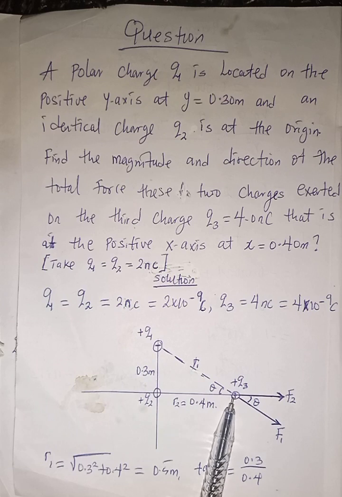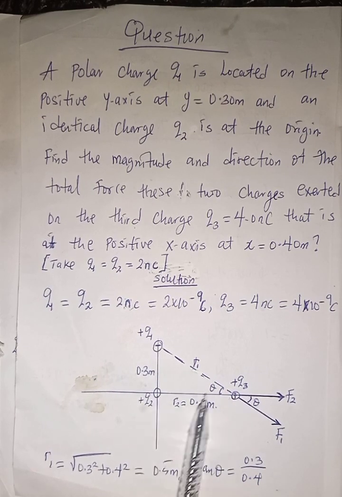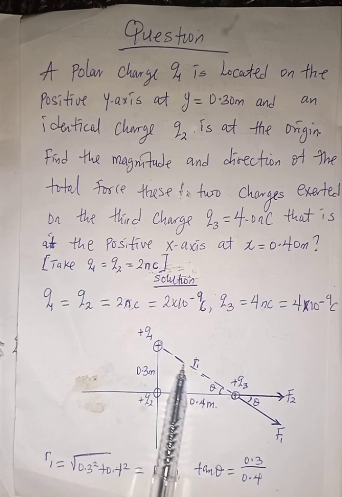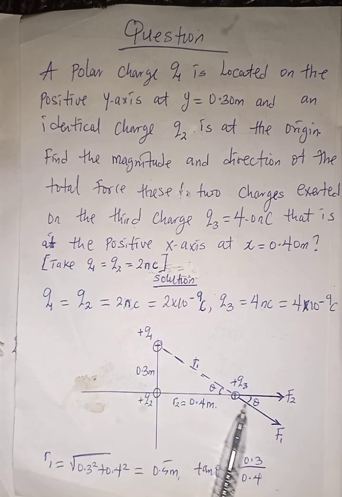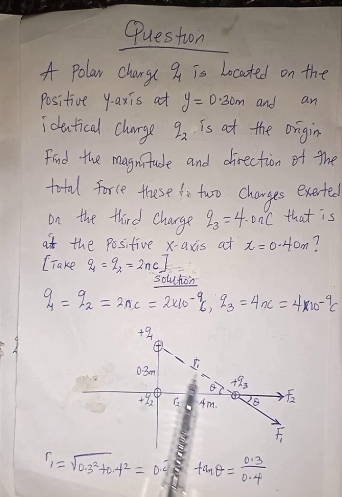So next, what is the line of action? Because we're looking at the force on Q3, we're going to look at the force between Q3 and Q1, and Q3 and Q2. What is the line of action of this force? Look at the line of action here. That's why I'm drawing these lines here. What is the distance between this and this? We know that from here to here is 0.3, from here to here is 0.4.